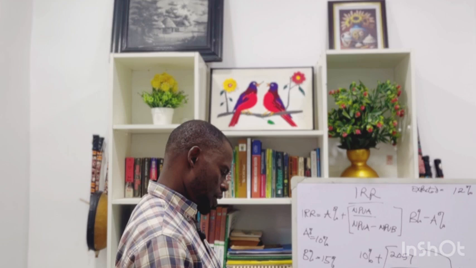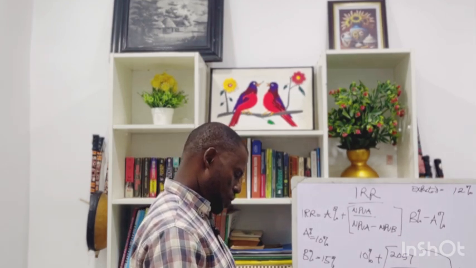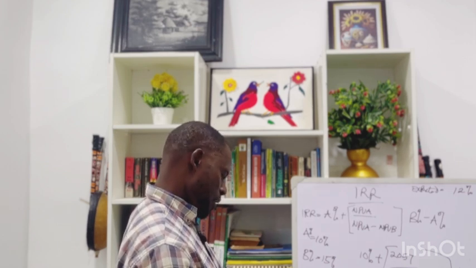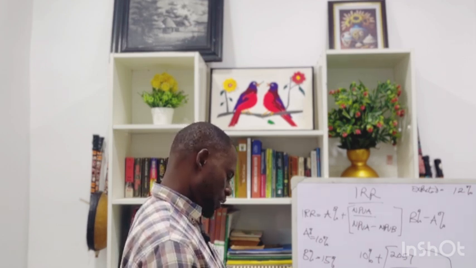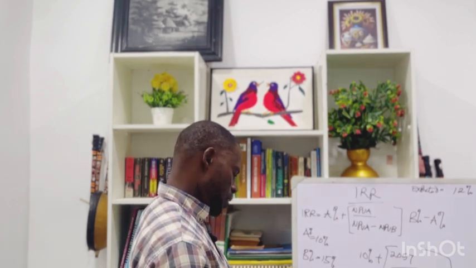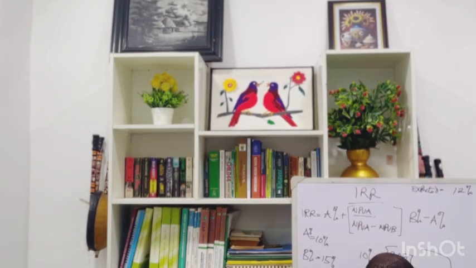So 2057 divided by 7977 multiplied by 5 gives us 1.3.